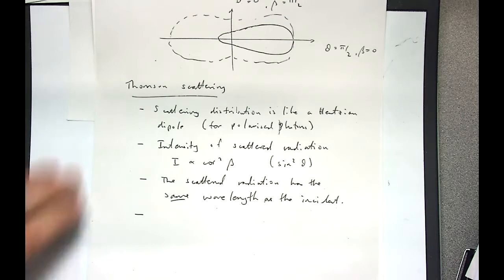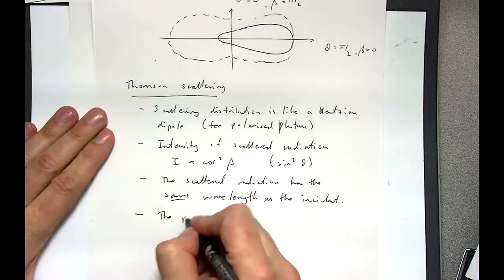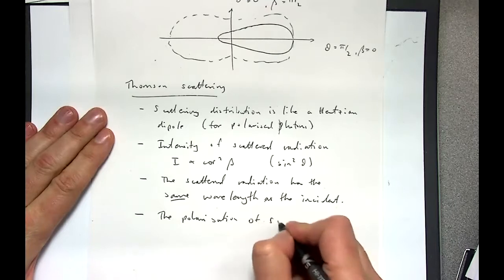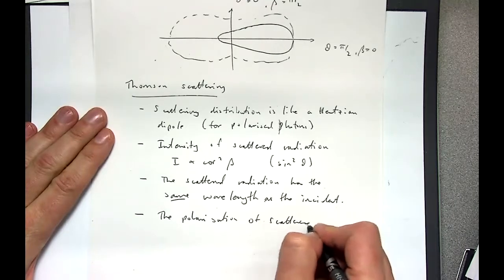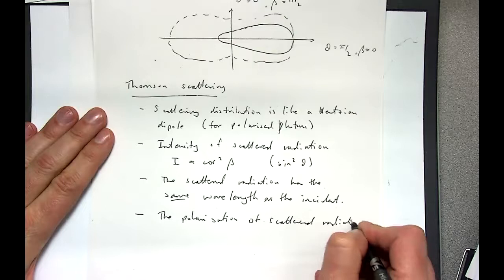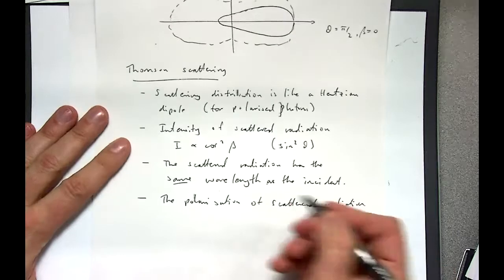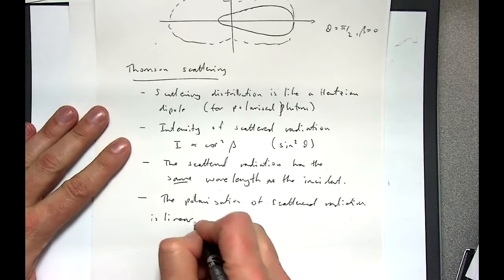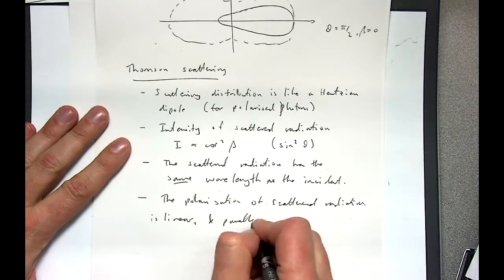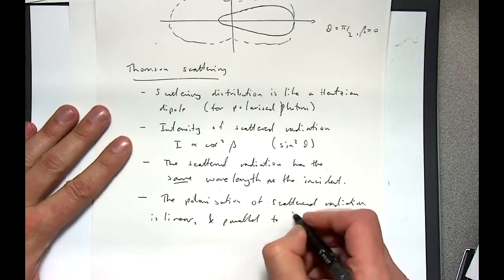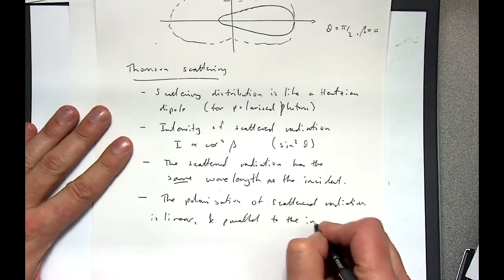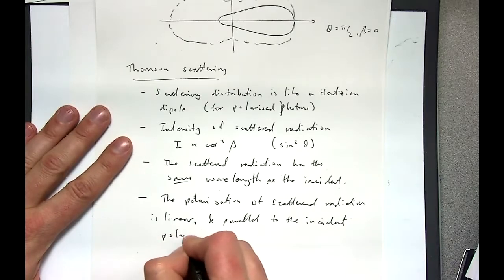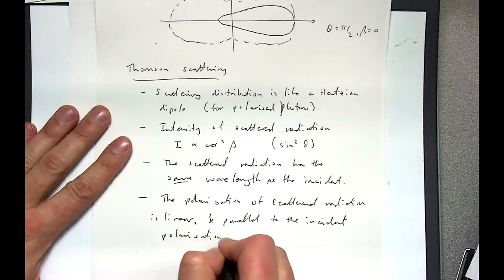So therefore, the polarization of that scattered radiation must be linear and parallel to whatever the incident wave polarization is. Which I think I mentioned before, but it's worth saying again.